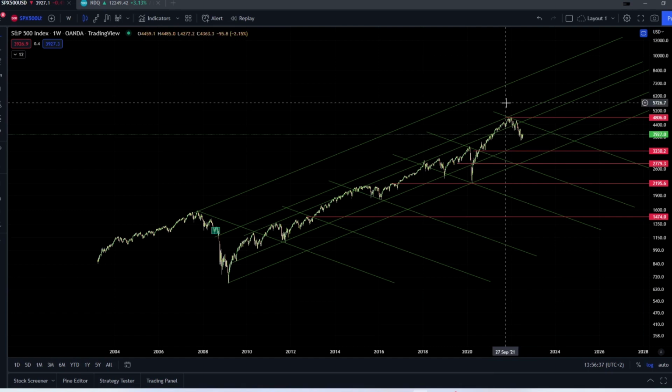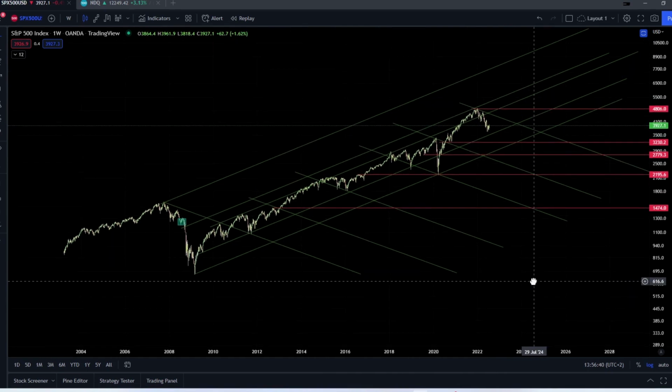If we are bouncing at an important junction here.